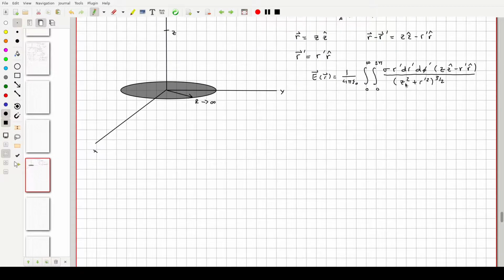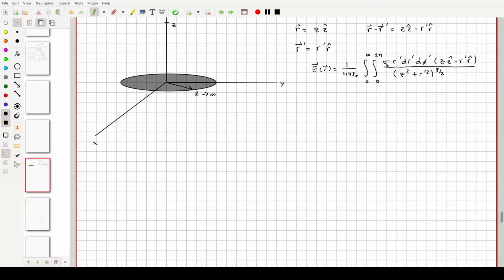Okay, so this is the integral that we need to do. And it's really 2 integrals, again, as before. We can pull the 2 pi out, so that's sitting out in front. We have 2 double integrals. The first of which is going to be, let's see, z and z hat are constants.